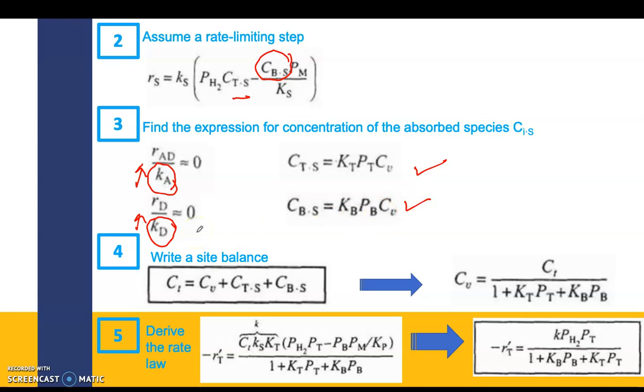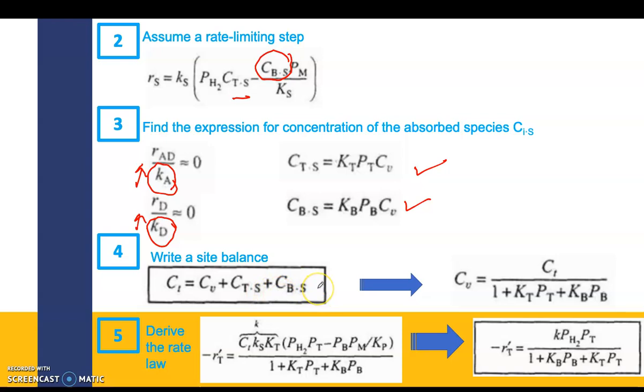For the fourth step, we do the site balance. Site balance is the total concentration of the active sites equals C_v, the vacant sites, plus the reactant T, toluene, and also benzene.